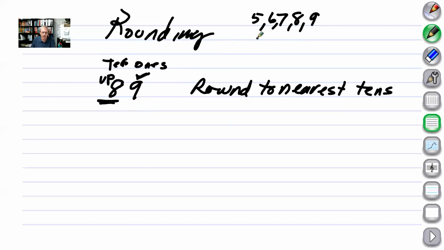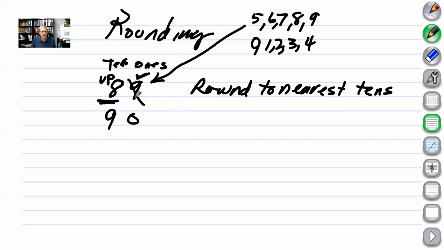If the number is small, like 0, 1, 2, 3, 4, then we keep it the same. So since this is a big number, we're going to round it up to a 9, and this just becomes a 0. So we want to round it up to whatever place they say, to the nearest 10.